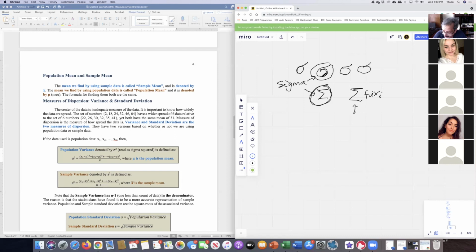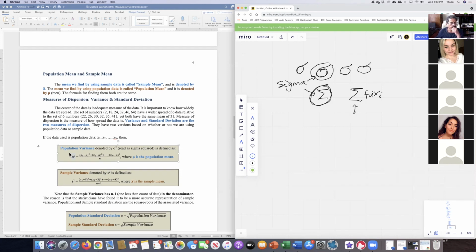This represents the population variance. Sigma squared represents population variance. I'll explain in a minute why squared. So sigma squared is the notation for population variance, and the population standard deviation is simply the square root of that.